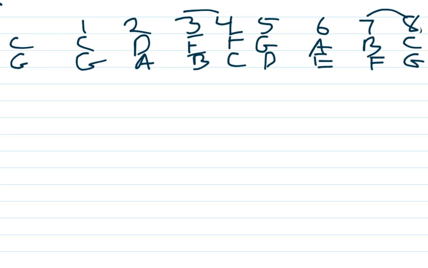G, A, B, C, D, E, yes, correct. But to make a half step, you need to make this F sharp. It cannot be a half step without it being F sharp to G. F sharp is known as the leading tone.